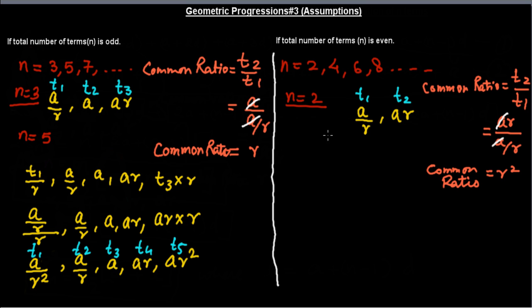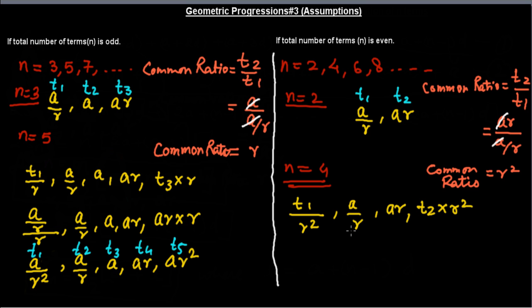So what we have to do if n is equal to 4, we have to divide T1 by the common ratio. The first term would be T1, what we have taken in n equal to 2, divided by r square, then a upon r, ar, and multiply T2 with r square.